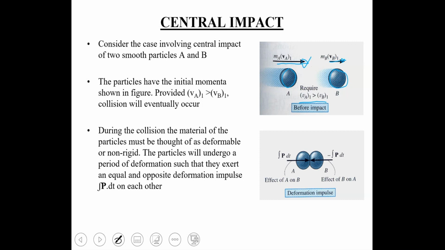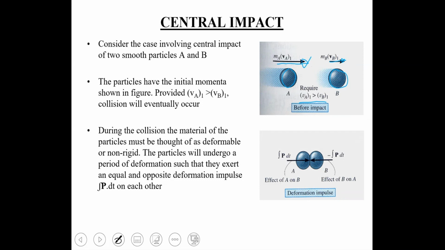Ultimately, at some point, the collision is going to take place. So this is a general case in which we have considered both the particles traveling towards the right. However, in actual problems, maybe particle B would be traveling towards the left. So once you are applying the momentum equations, you can accordingly change the sign of momentum to the negative sign if you are taking the positive axis towards the right.